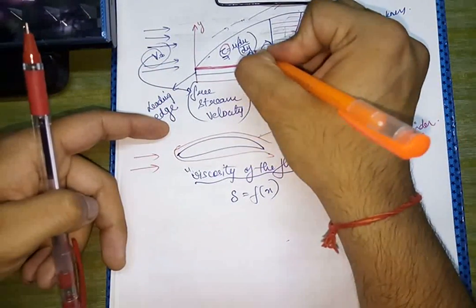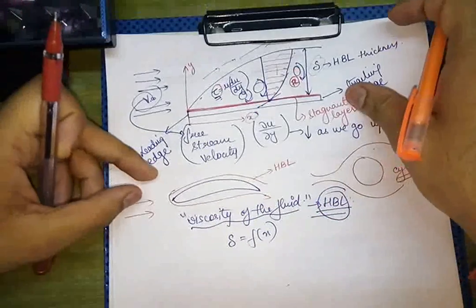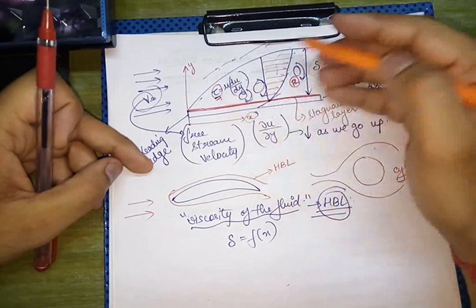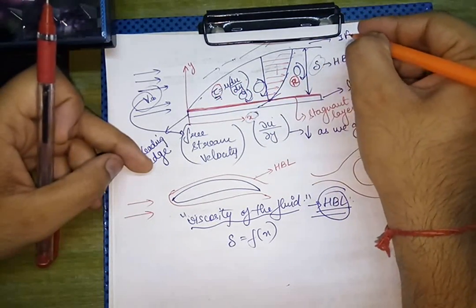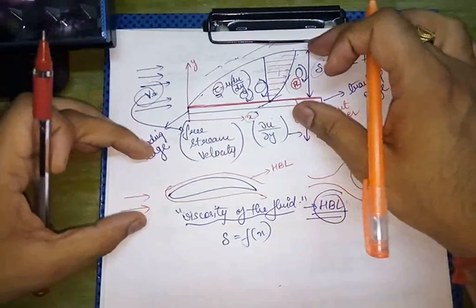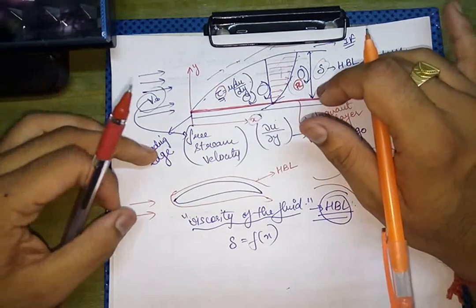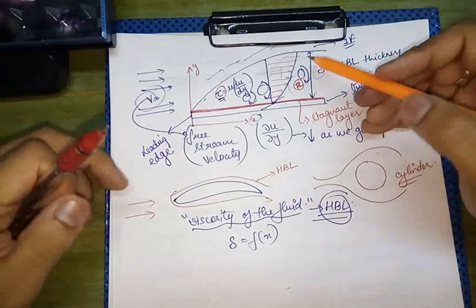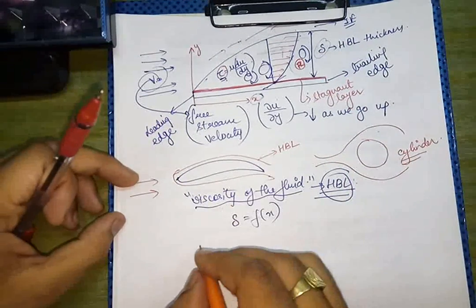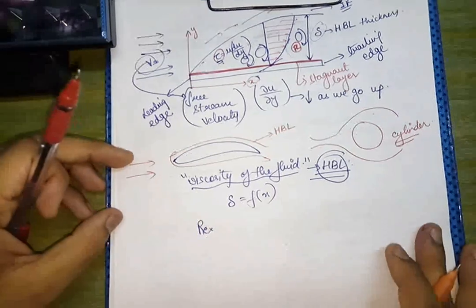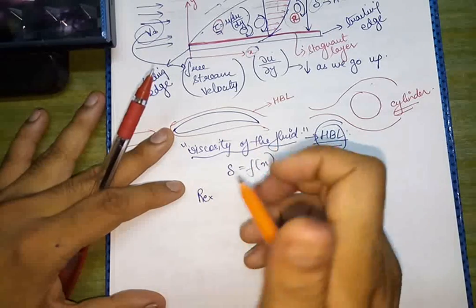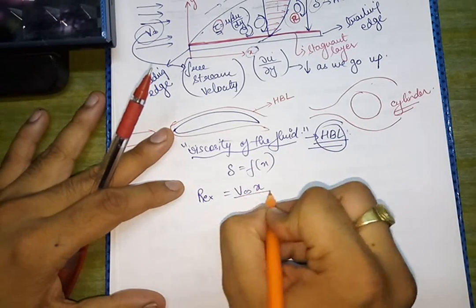Outside the hydrodynamic boundary layer du over dy is 0, hence tau is 0, hence we will have irrotational flow outside the hydrodynamic boundary layer and rotational flow within it. Actually I will again teach this in the fluid mechanics subject, but since it is here, I am discussing it with you all. Now if I wish to obtain Rex, where x stands for the local Reynolds number, that would be v infinity x upon mu.